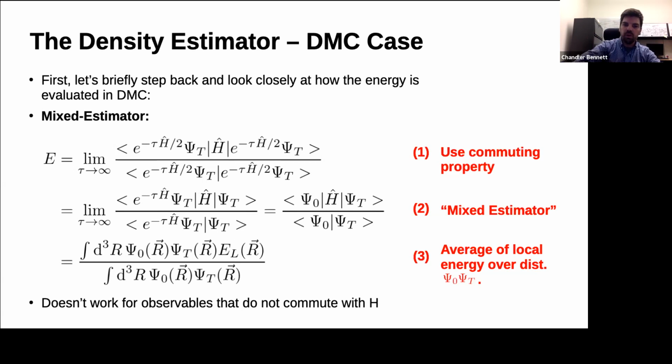Now, the problem with observables in general is that not all of them, of course, commute with the Hamiltonian. And so we're already stopped. We can't move past this first step to get to an expression like this.